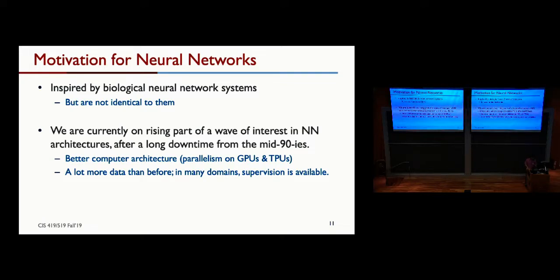Anyway, one other thing that has led to their popularity is parallelism. We now have hardware, such as GPUs and TPUs, you might have heard of them, that are able to train these neural networks in a much faster manner than you would on your CPUs.